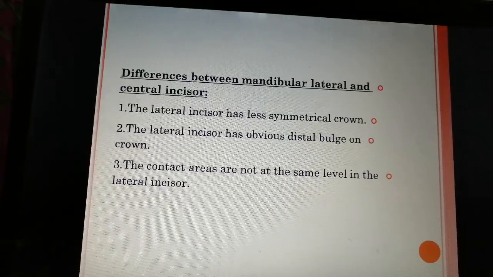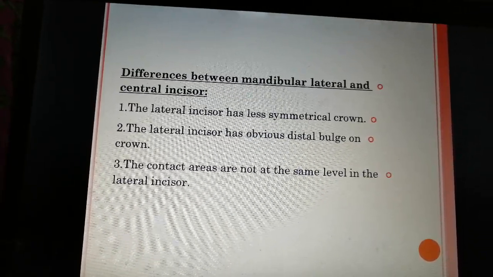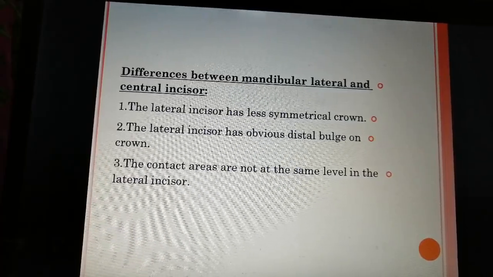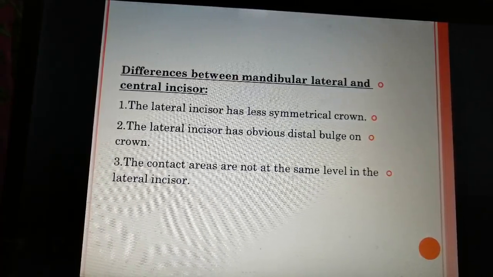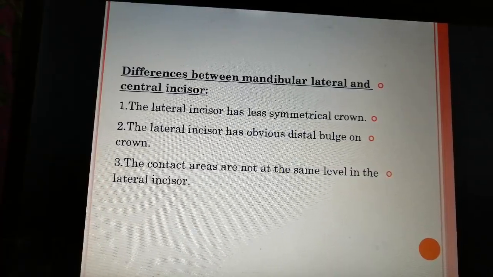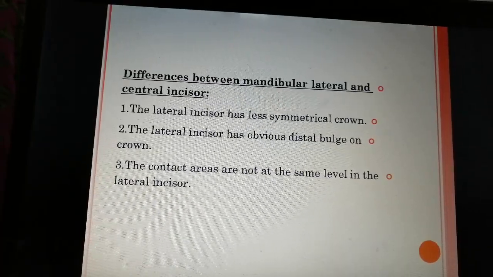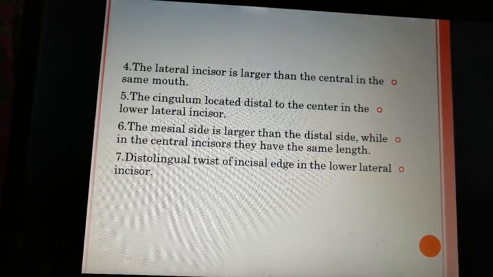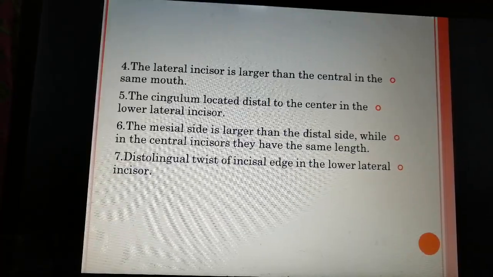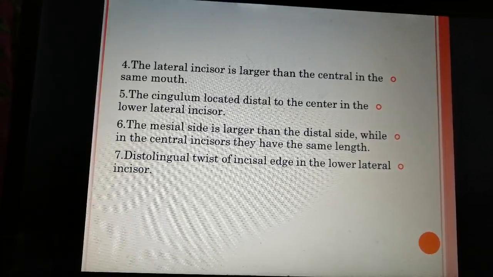Quick recap of the differences: the lateral incisor has a less symmetrical crown. The lateral incisor has an obvious distal bulge on the crown. The contact areas are not at the same level in the lateral incisor. The lateral incisor is larger than the central in the same mouth.